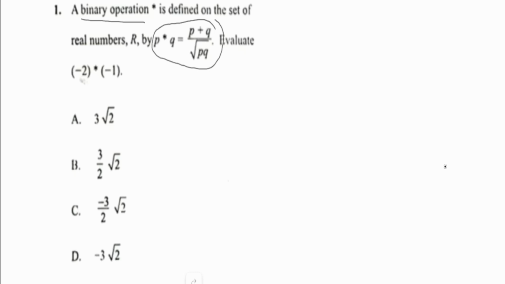And then this -2 star -1 here means that wherever you see the first one, which is P, you should put -2, and wherever you see the second one, which is Q, you should put -1.